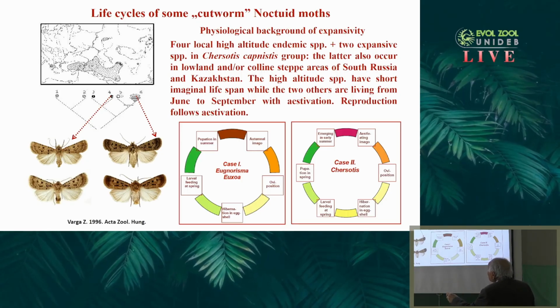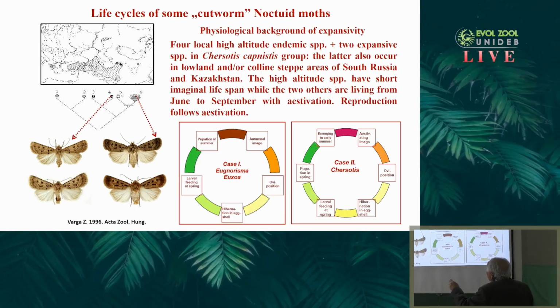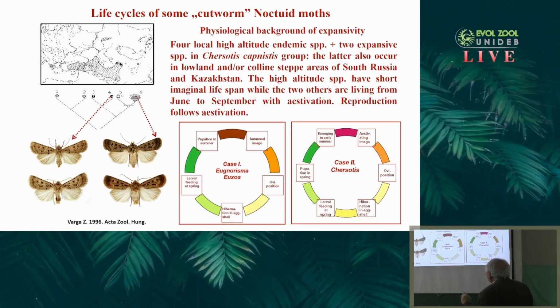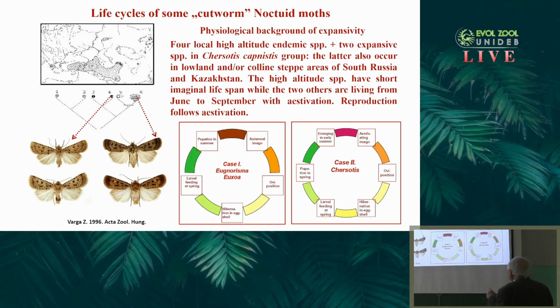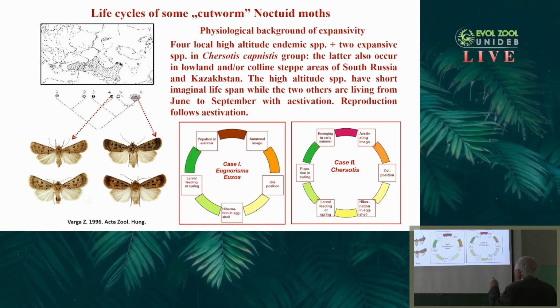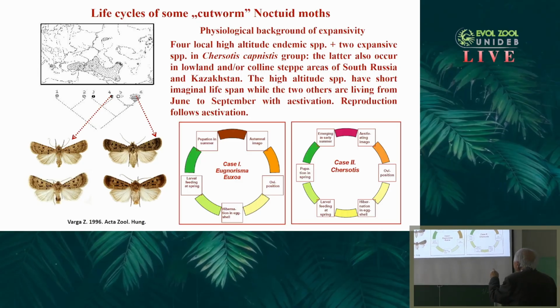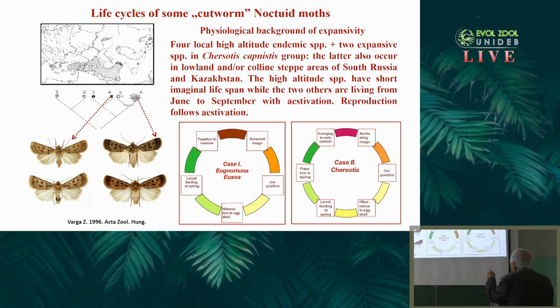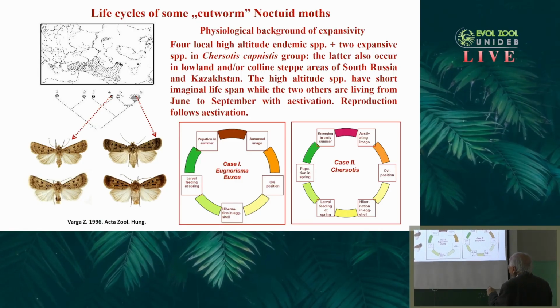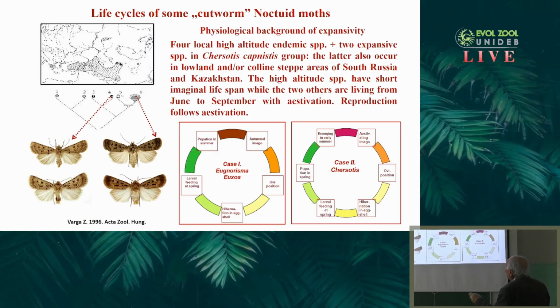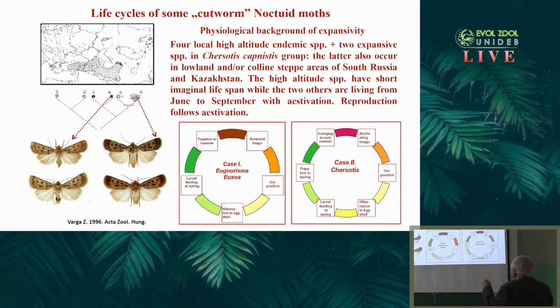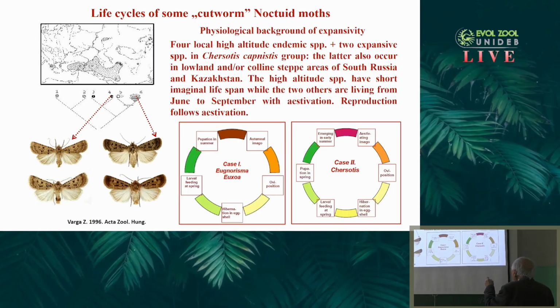The species from this group without expansion capacity, they don't have this possibility. They emerge in the high mountains in the summer, and because the summer period in the high elevations of the mountains is very short, they cannot play this role.